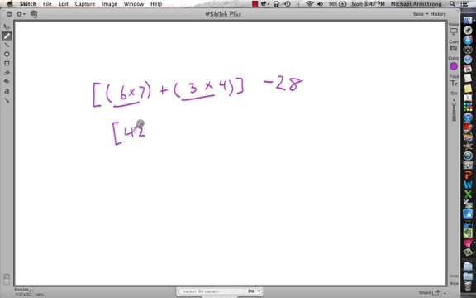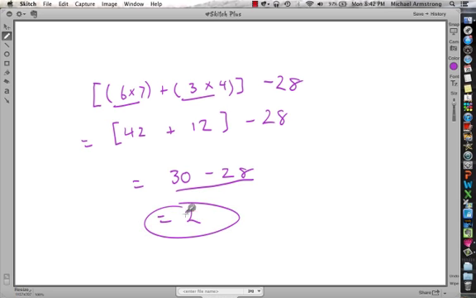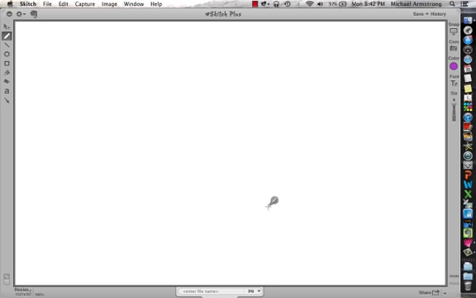Keep the brace out here. Add 3 times 4 is 12. Remember, we're multiplying before, and the parentheses is helping us to remember. And then I subtract 28. Do what's in the braces next. 42 take away 12. That's 30 minus 28. This was equal to that. This is equal to that. And this is 2. 30 take away 28 is 2. That's a good answer.